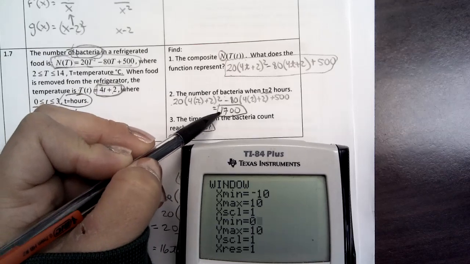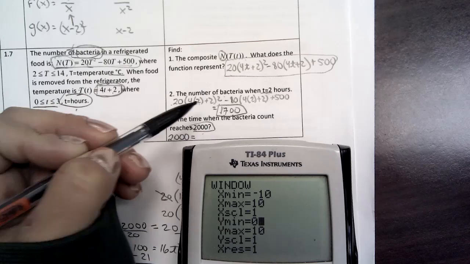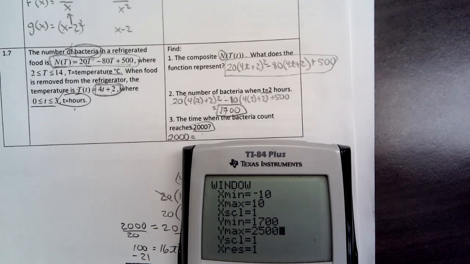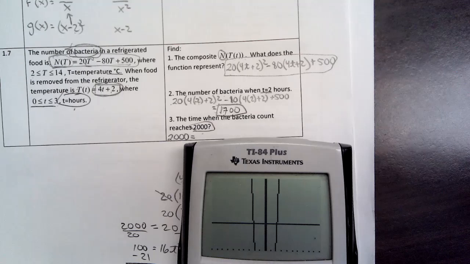So it's got to be above 2 hours, and it's got to be above 1,700. So I'm going to put my Y min at 1,700, and my Y max maybe 2,500. Then when I graph it, I can see where they touch, and you can see it touches at a negative and a positive spot.